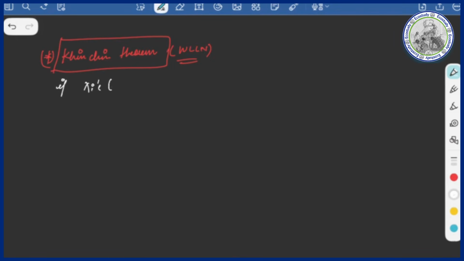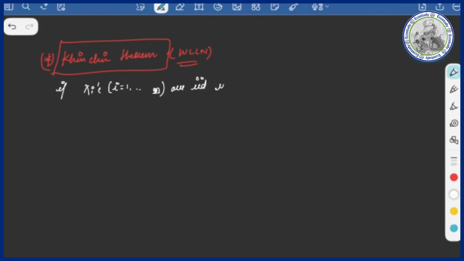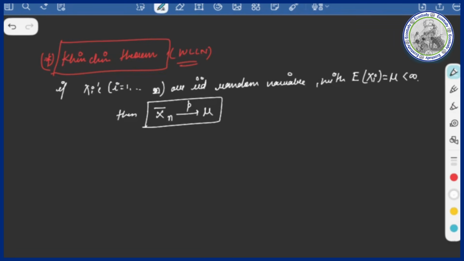If Xi, for i equal to 1 to n, are IID random variables, the same as I have written here, with expectation of Xi equal to mu less than infinity, then Xn bar converges in probability to mu. It is the same thing which I have written above.